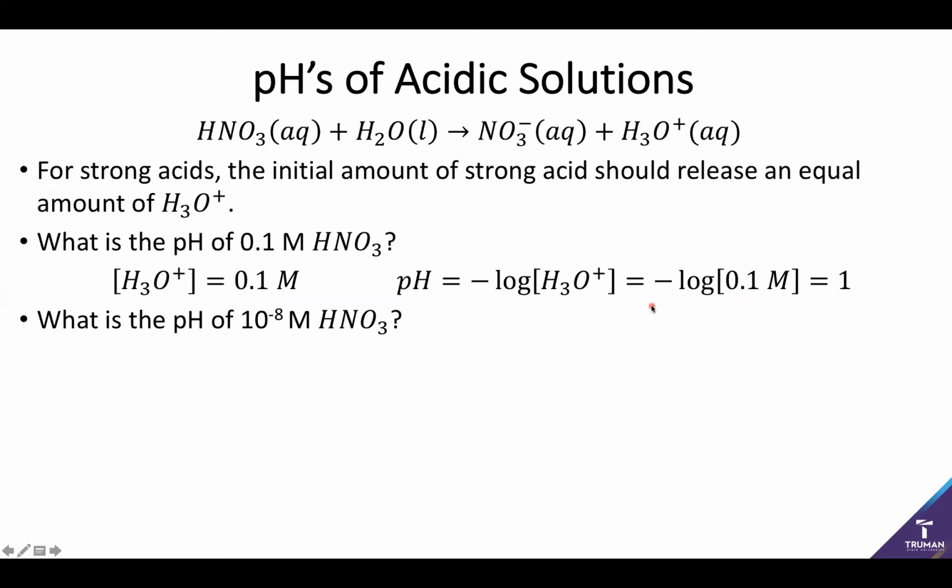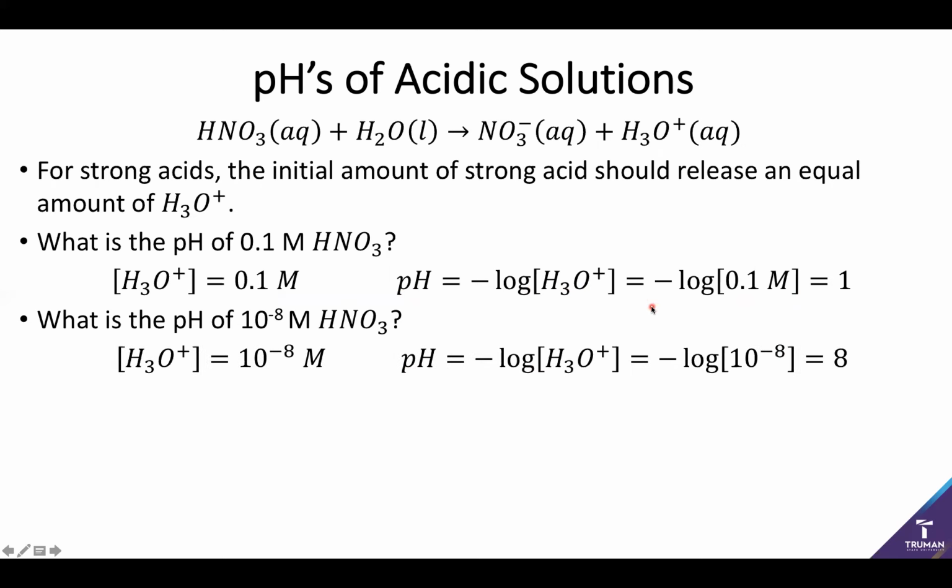Now, let's go ahead and try and figure out the pH of 10 to the negative 8th molar nitric acid. Well, using what we previously assumed, this should release about 10 to the negative 8th molar protons. So then I go ahead and determine the pH of this solution. Negative log of 10 to the negative 8th is 8. This gives us a slight problem.